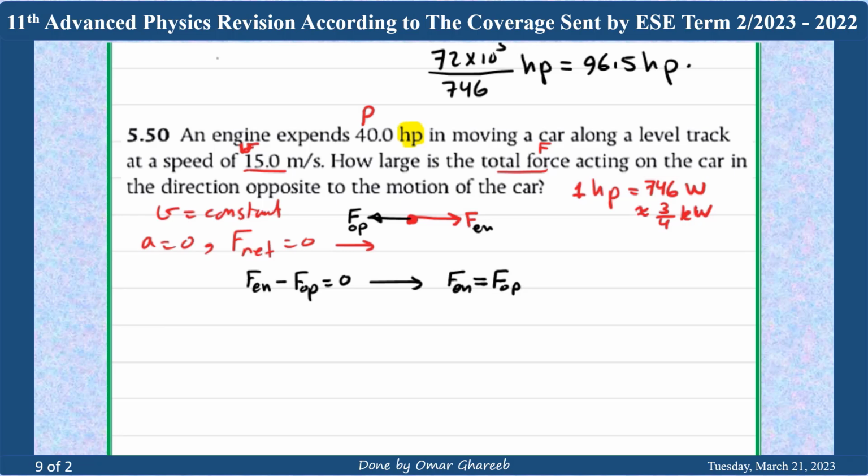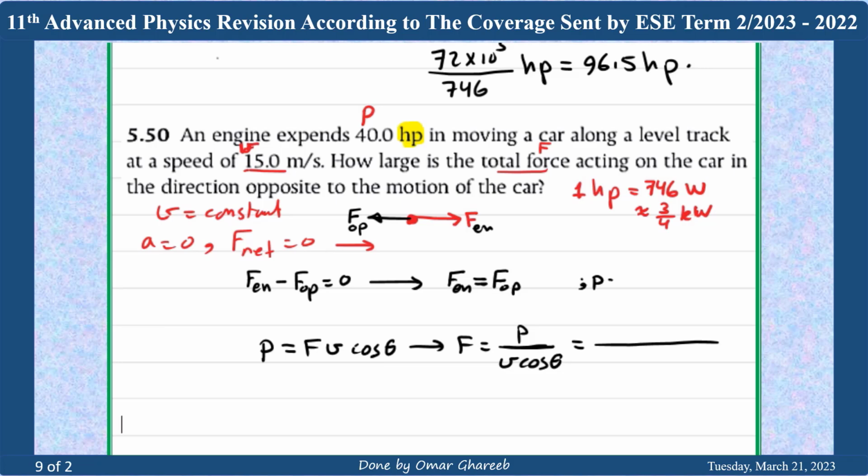Now, to find the force of the engine, we have the power, so don't worry, the law is very easy: P equals F V cosine theta. Now, F equals the power divided by V cosine theta, if we separate the variables. How much is the power? The power is 40 horsepower.